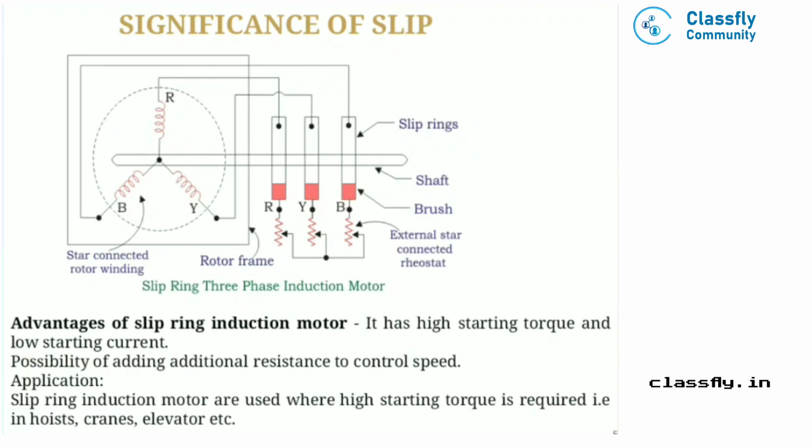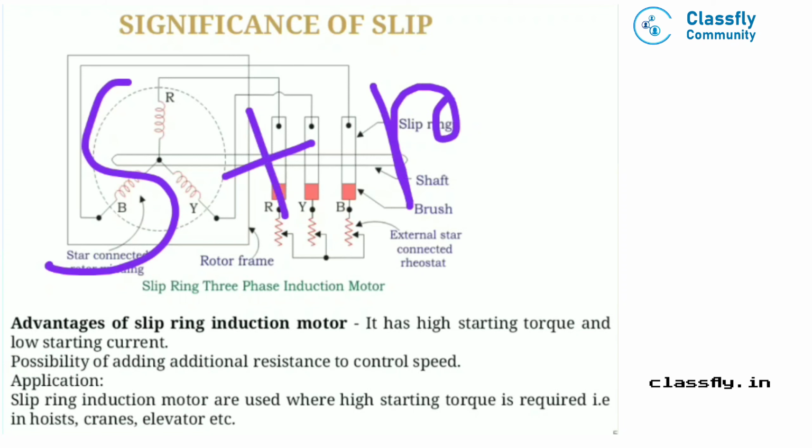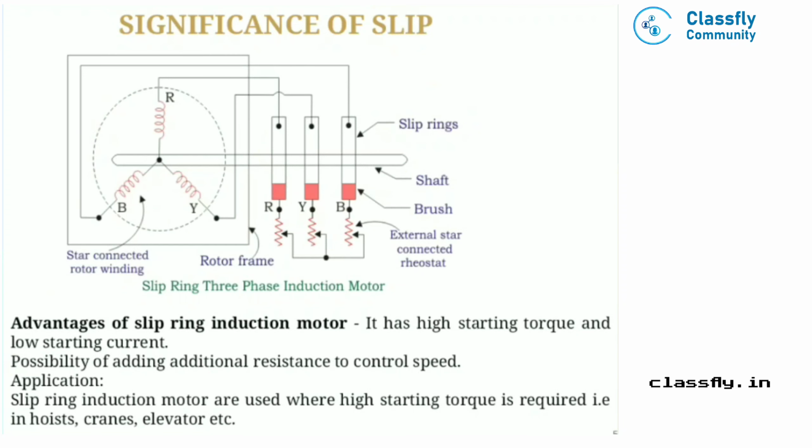Okay, and next it says the possibility of adding additional resistance to control speed. So if we want to control our speed, we can add an additional resistance. Okay, so these are the two advantages of the slip ring induction motor.